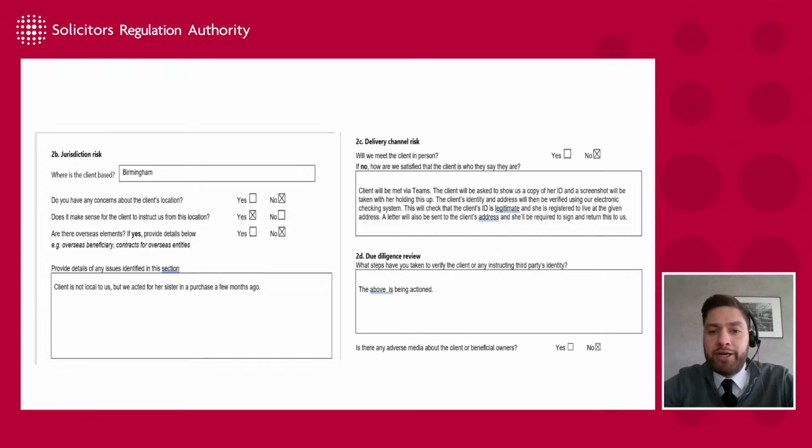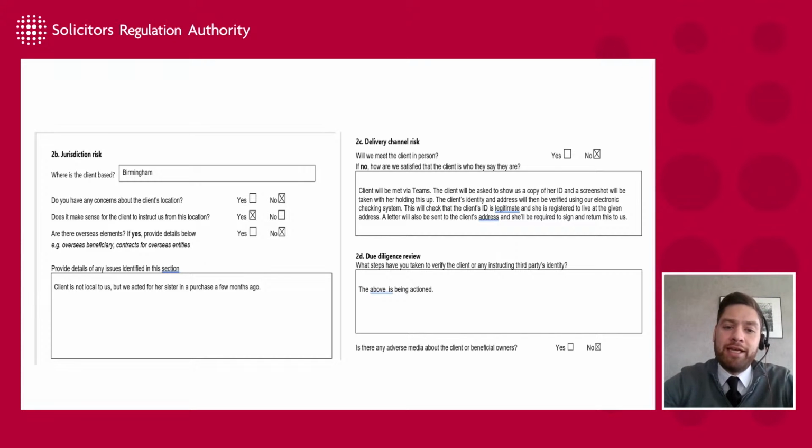Each subsection contains a free-format text box where you can record any issues and outline what steps you plan to take to mitigate them. There's also a separate section for entities where you can record details around beneficial owners and directors, alongside the steps taken, for example, obtaining copies of their passports and utility bills to verify their identity.